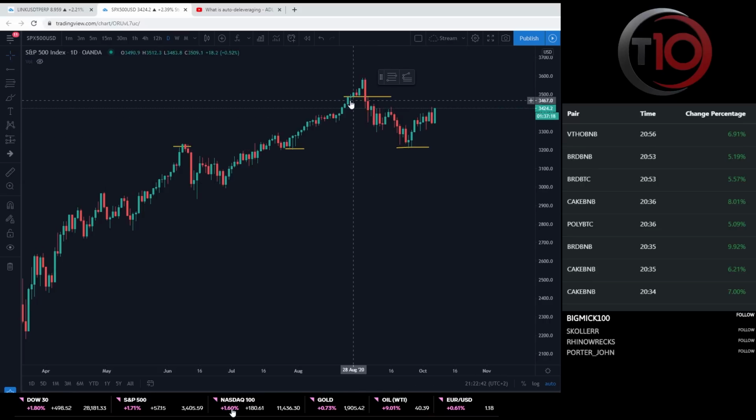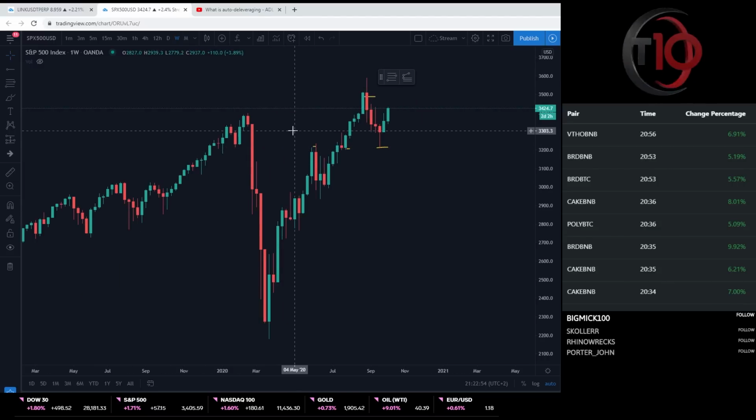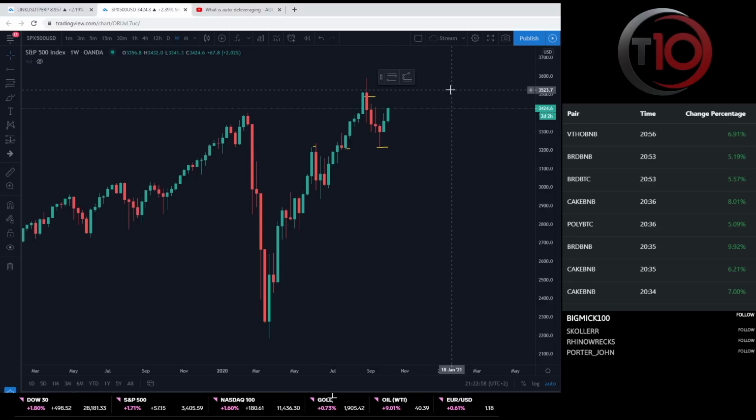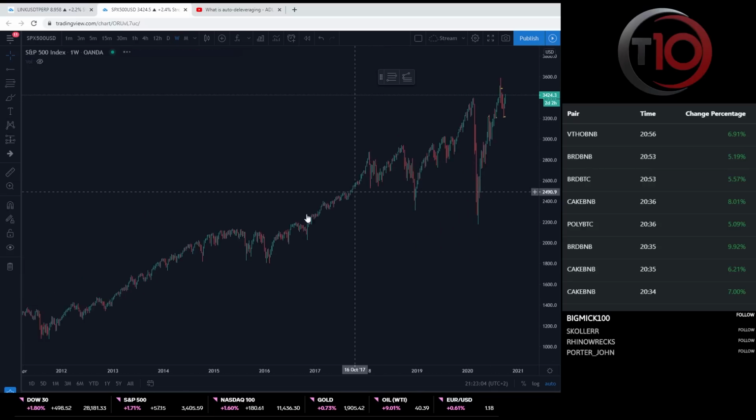Okay. We are probably going back up here. We are holding. Trend is still intact. Yeah, it looks good. Actually, I don't know how many of you got this entry.